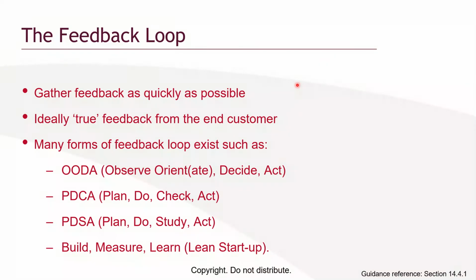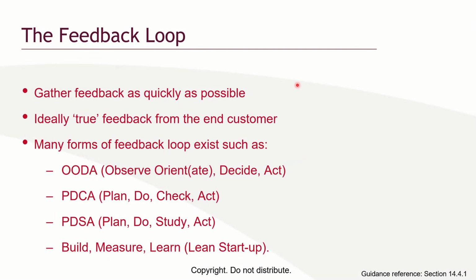So there are many forms of this feedback. There's what they call OODA, which is you observe, orient, decide, and act. There's also called plan, do, check, and act, PDCA. Plan, do, study, and act. And then for lean, they use build, measure, and learn. As you build, you do measurements.